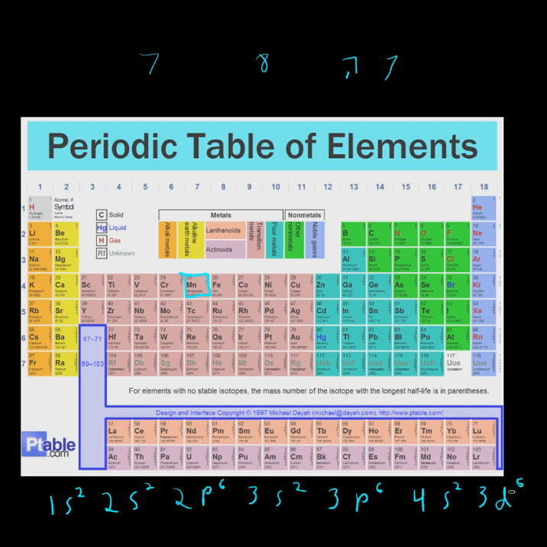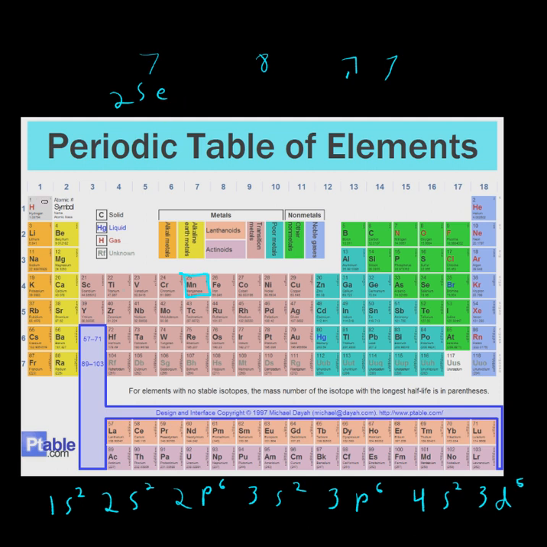Hopefully that makes sense. It's definitely a lot to take in, but the important thing is, for manganese, we have 25 electrons, and we need to put them starting at the least energetic location and going up to the most.